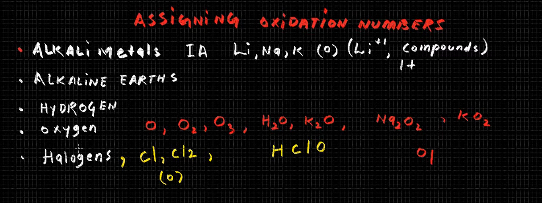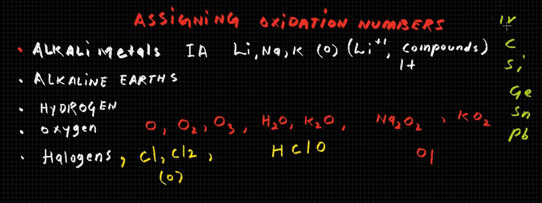if we speak about elements of other groups, like say we talk about the fourth group of the periodic table, that is carbon, silicon, germanium, tin and lead.